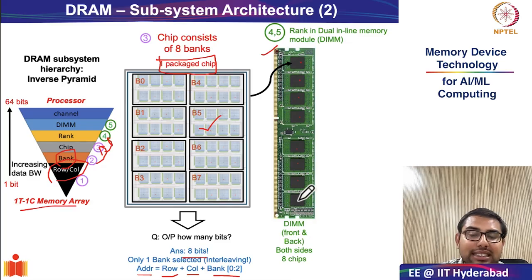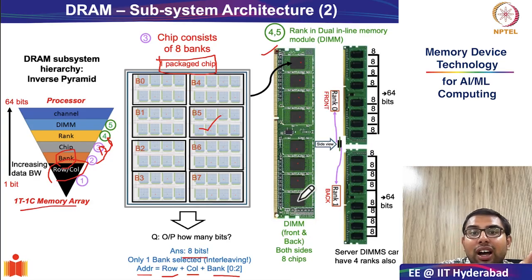Why do I say one side? Because the name dual inline memory module suggests that there are 2 sides or 2 faces to it. The first face, the front, is called rank 0 and the back of the dual inline memory module is called rank 1.